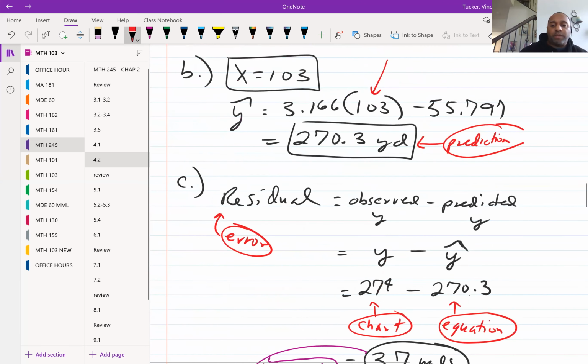So that's where we get a 274 from the chart. The 270.3 is from the equation. Here's just the symbols for it. Your observed Y is just Y. Your predicted Y, though, is Y hat.